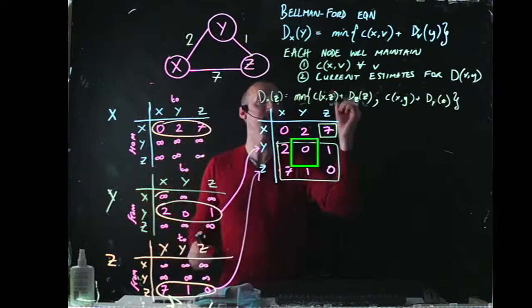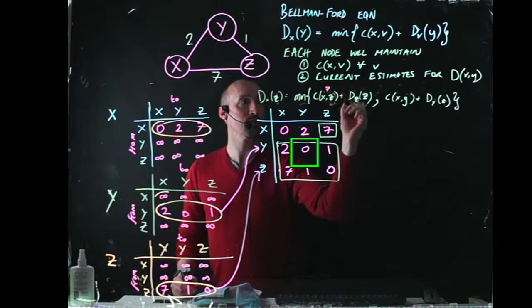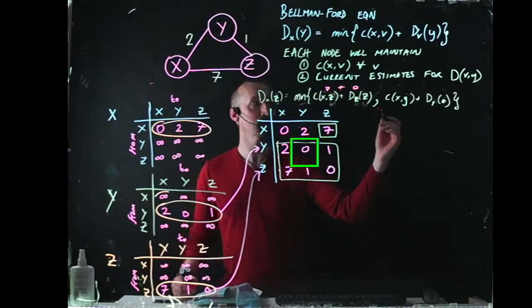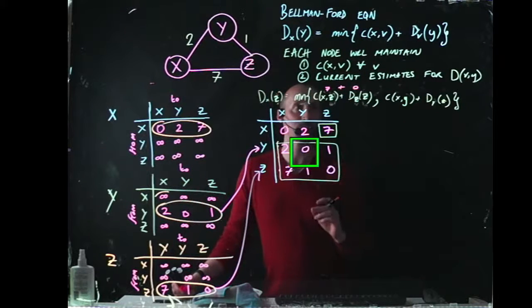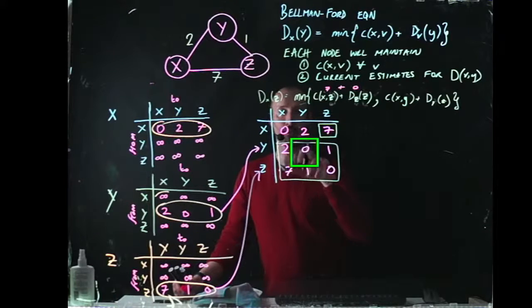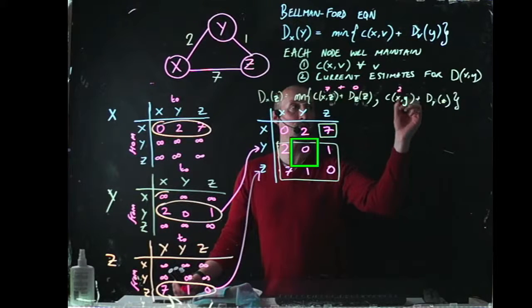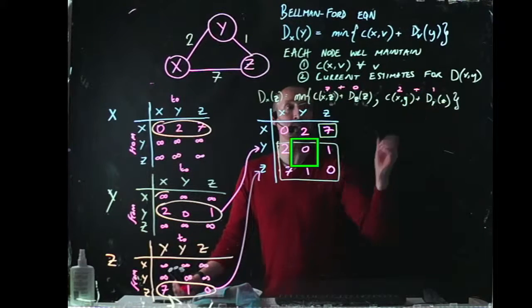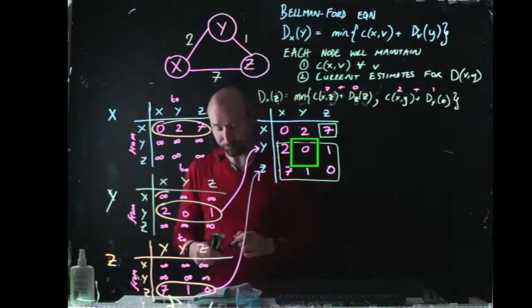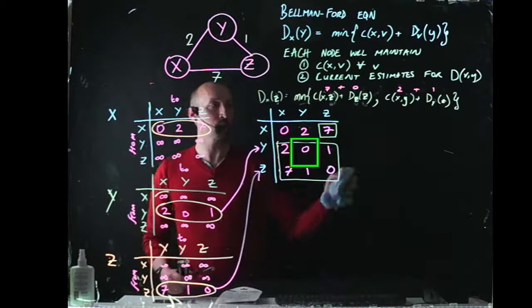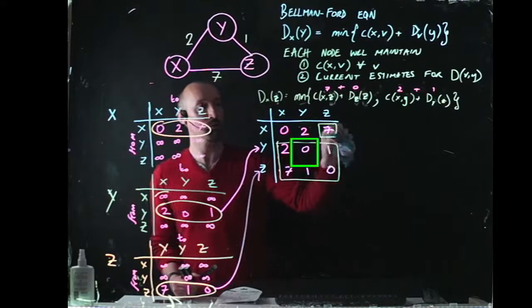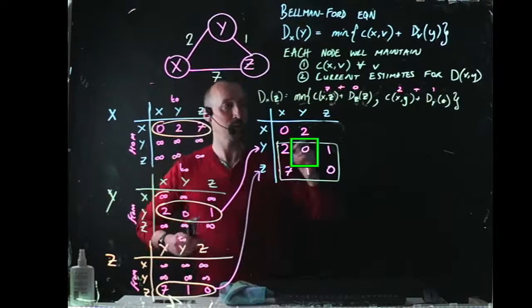To get to z is 7, that's our current value, plus 0. So that's currently 7. What about here? To get to y is going to cost me 2, and to get from y to z is only 1. So 2 plus 1 is 3, which is obviously much better than 7. So I'll get rid of this 7 completely and put in 3.